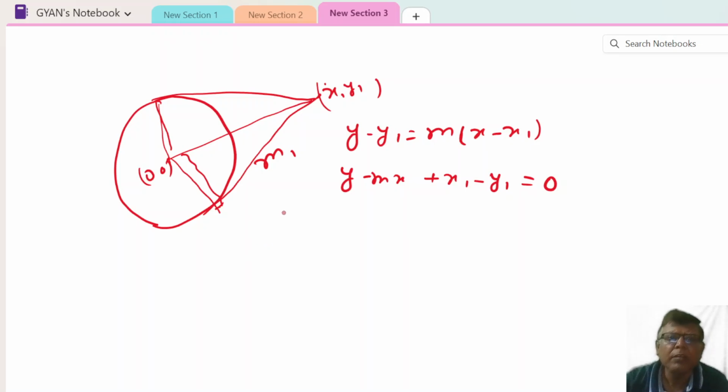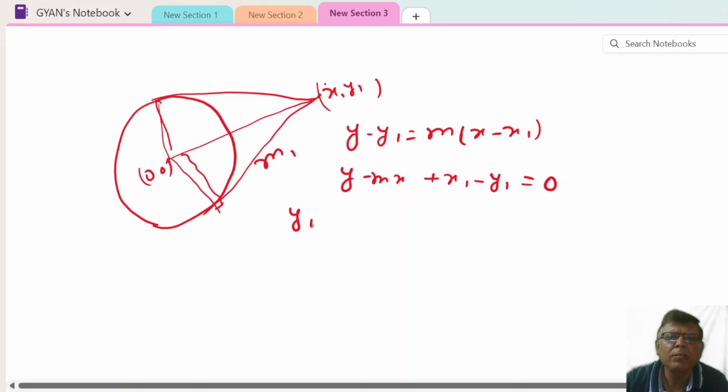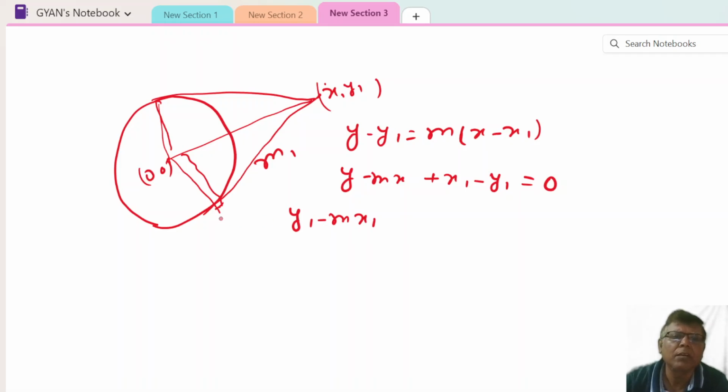This will be y1 minus m x1. So the condition for this tangent is what?